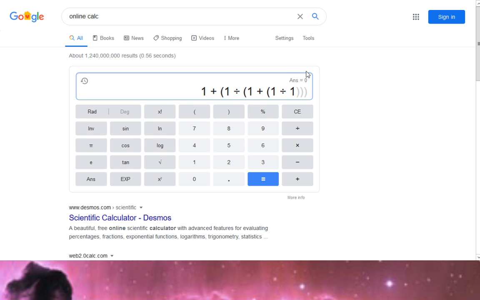I'm going to have a hard time. Parentheses 1 plus 1. 1, 2, 3, 4. Now this is the second step. So the first step is 1 plus 1 divided by 1 plus 1. Now we're going to add another step. Now it's 1.16.